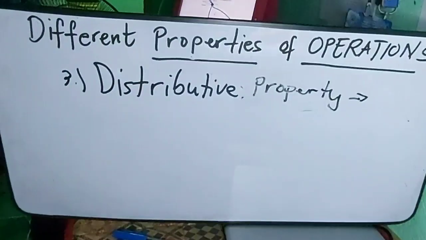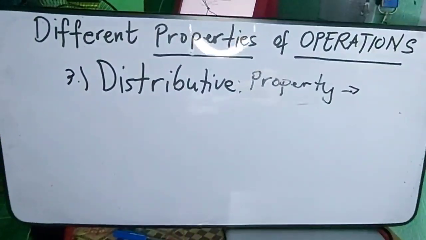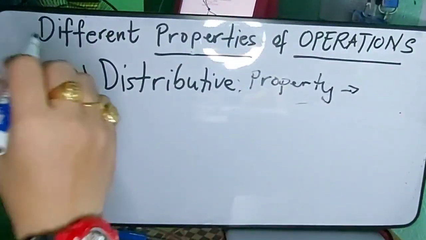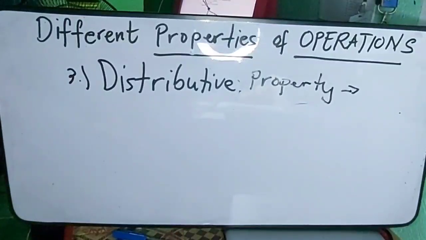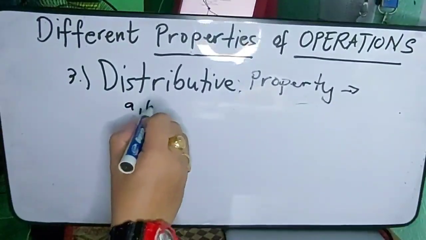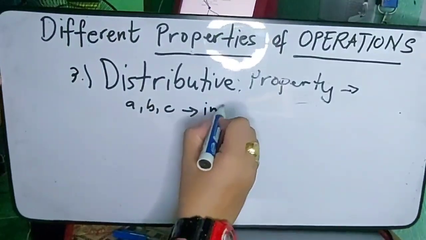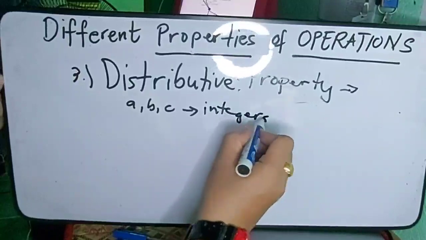From the word itself, distributive, you are going to distribute. For example, let's take note, A, B, and C represent integers.